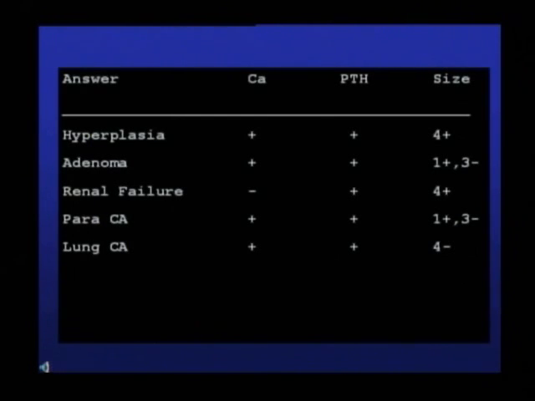Parathyroid cancer could present with the same spectrum of findings as parathyroid adenoma. Lung cancer could elaborate parathyroid hormone or parathyroid-like hormone as a paraneoplastic syndrome. This would increase calcium levels and cause all 4 glands to atrophy. All things considered, the best answer would be chronic renal failure.